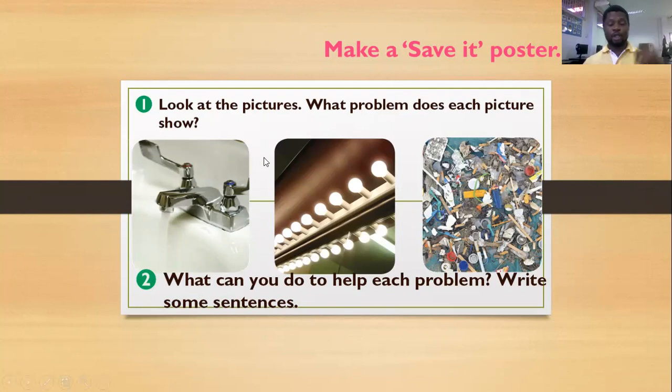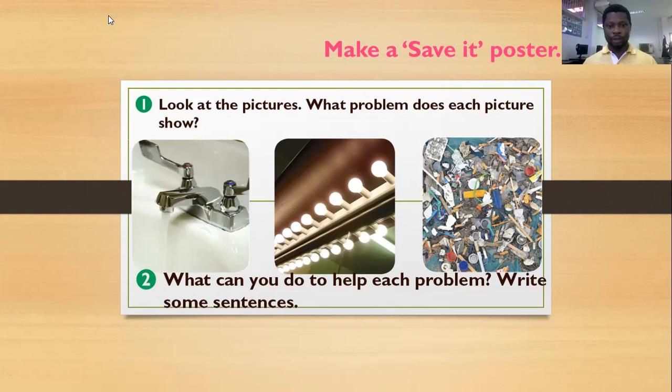Let's start with this problem, this and this. After that, we are going to see what we can do to help each problem, and we will write a sentence down in your notebook.